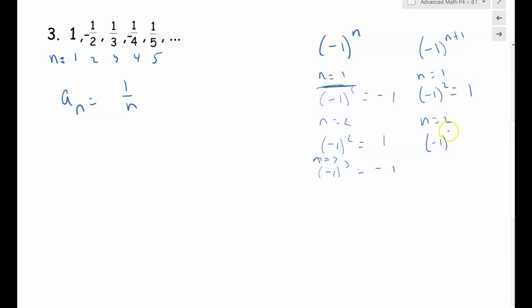Negative 1 to the 2 plus 1, which is 3, is a negative. So that's what should go in front there. Okay, a little bit tricky, that idea. They're switching signs back and forth, but that's how it happens, either with an n on a negative 1 or an n plus 1.